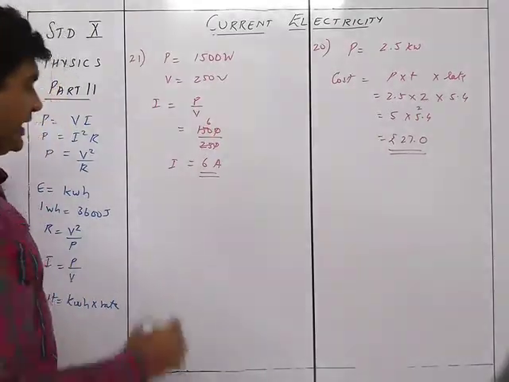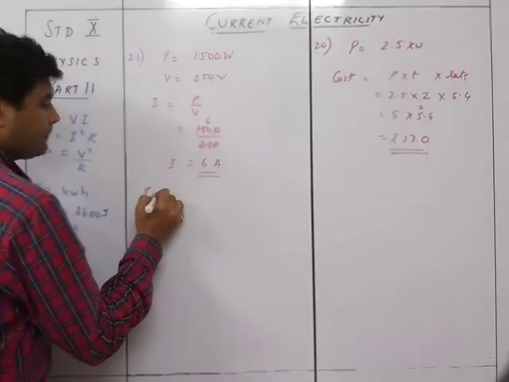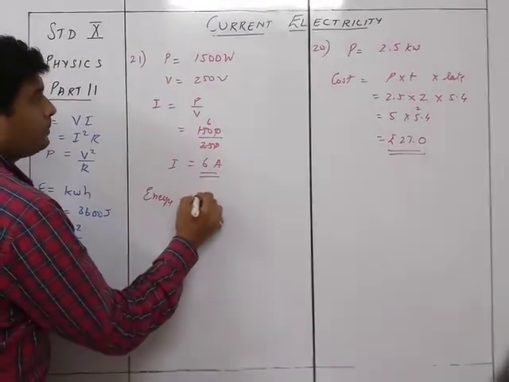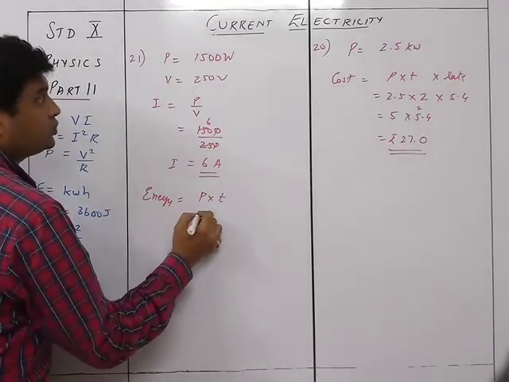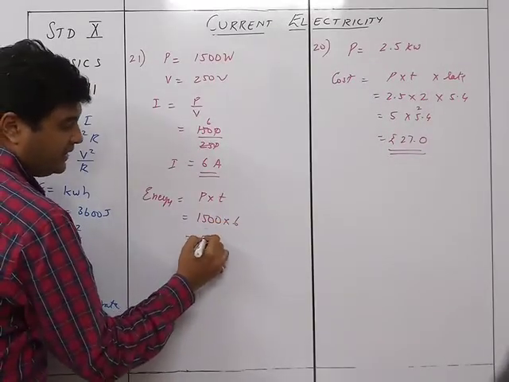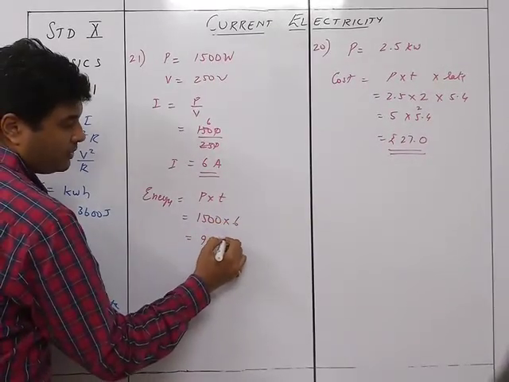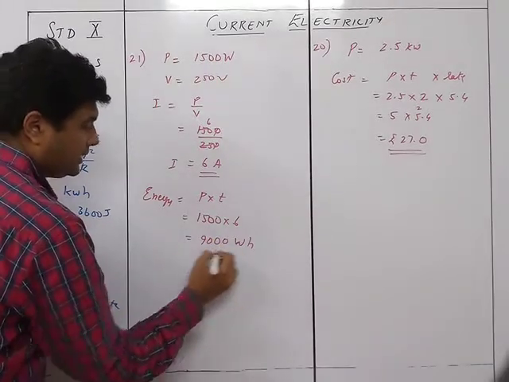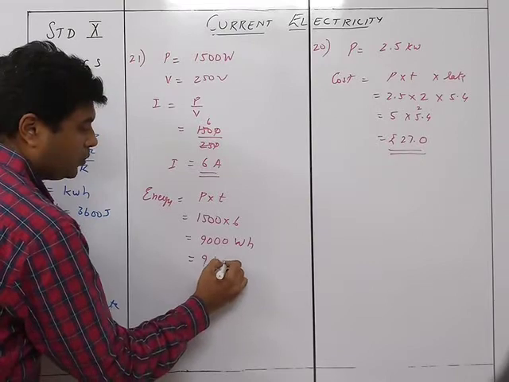Energy consumed in 50 hours. So energy consumed in 6 hours is equal to P into T is equal to 1500 into 6, which is 9000 watt hour, 9 kilowatt hour.